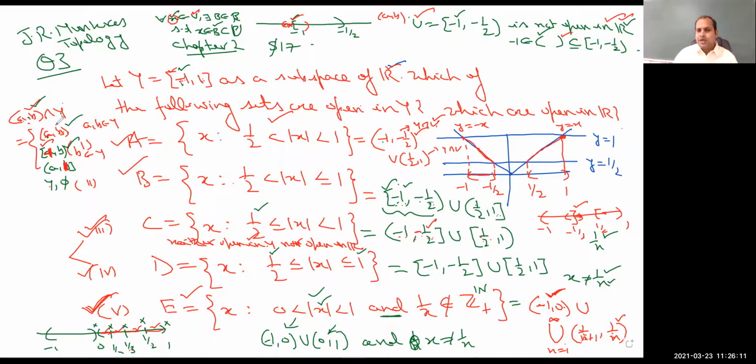So you need to construct at least one basis element around each X which is contained in the set U. And if we are checking whether a given set U is open or not with respect to the standard topology on R, then for every X belonging to U, I need to construct at least one basis member from the standard basis of the standard topology on R, such that X belongs to B and B is contained in U. So remember this definition: whenever the basis of the topology is known, try to apply this definition. It will be of great help. We will use it at several places.